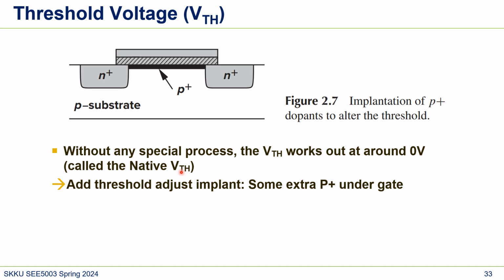But overall, usually that's not good. We need some controllability in turning the MOSFET on and off. So they implant some P plus dopants in this P substrate, I mean this area, to change the threshold. It's more like to increase the threshold.